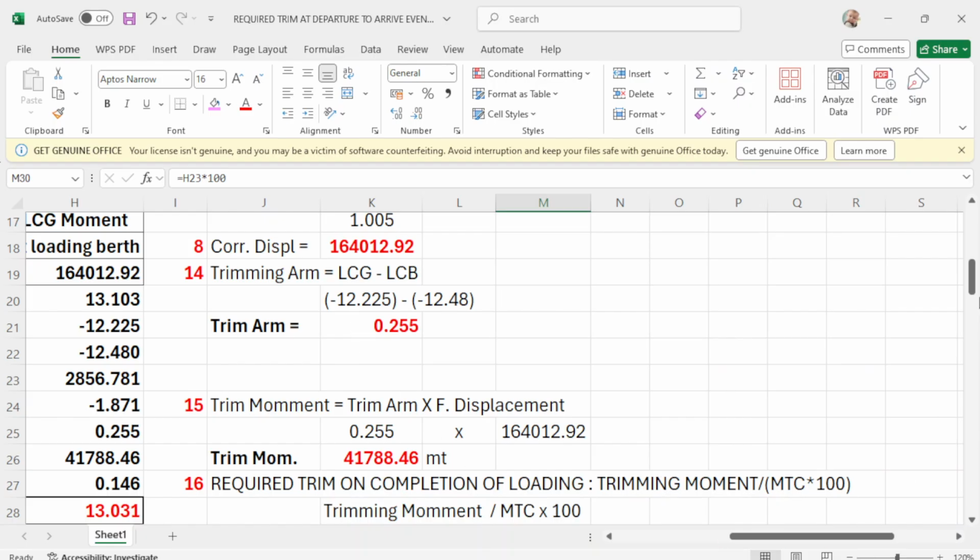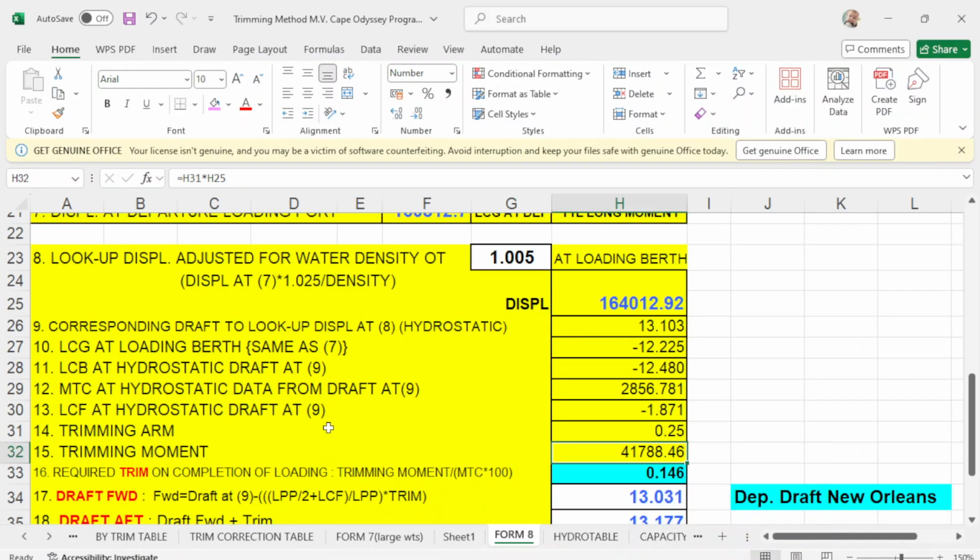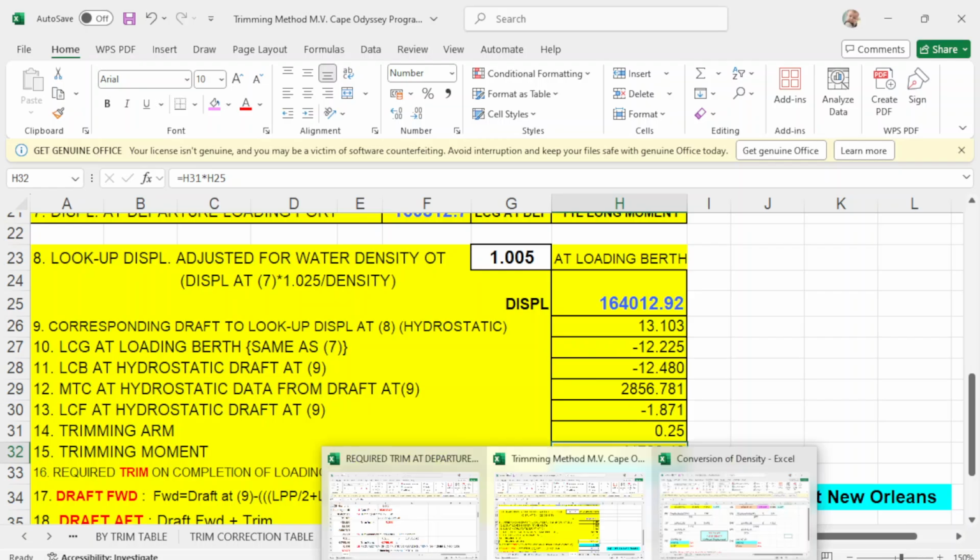And your LCB is negative 12.48. Okay, so we go back to the figure.